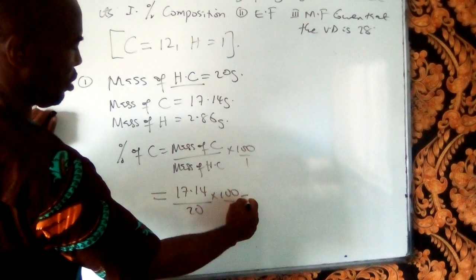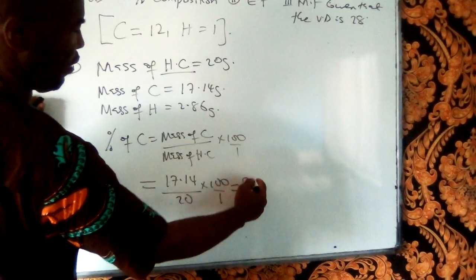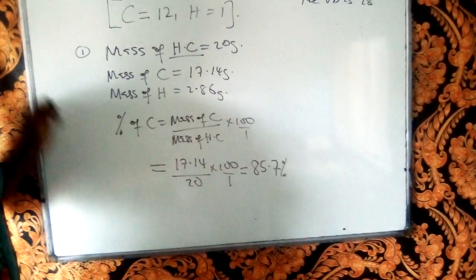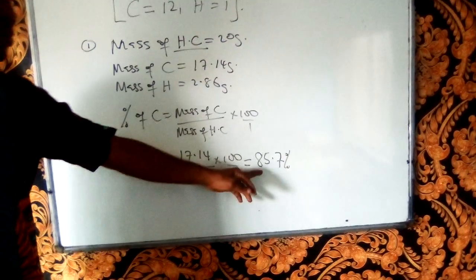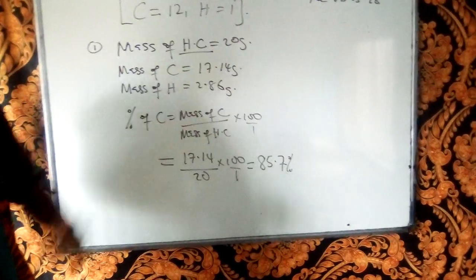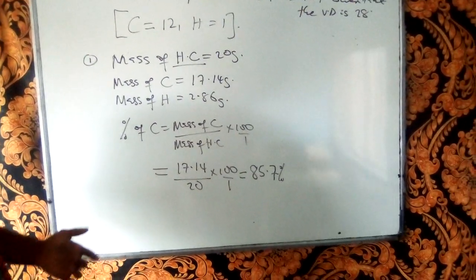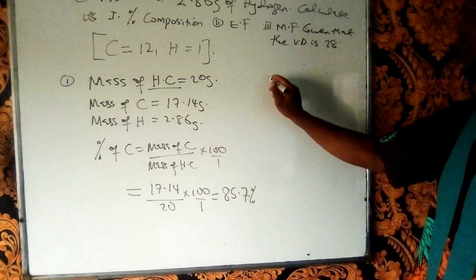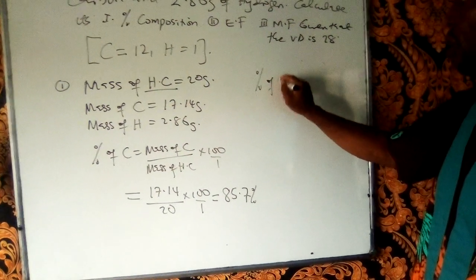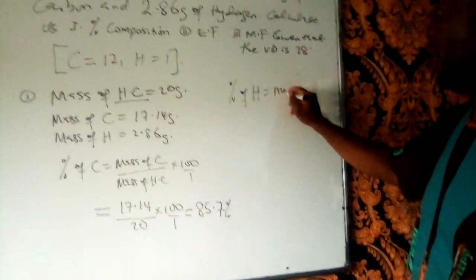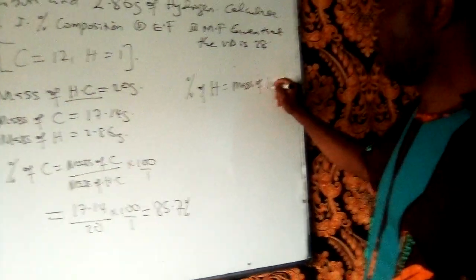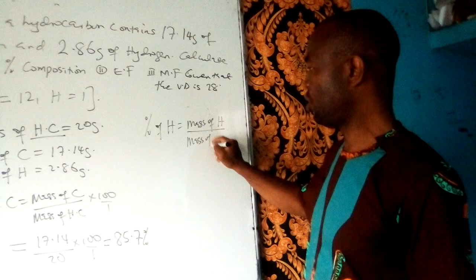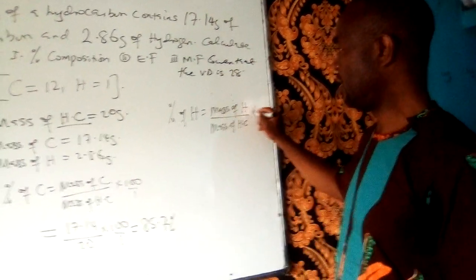When we solve this, we get 85.7%, so we have 85.7% of carbon in the given compound. Similarly, we can find the percentage of hydrogen: the mass of hydrogen over the mass of the hydrocarbon, times 100 over 1.